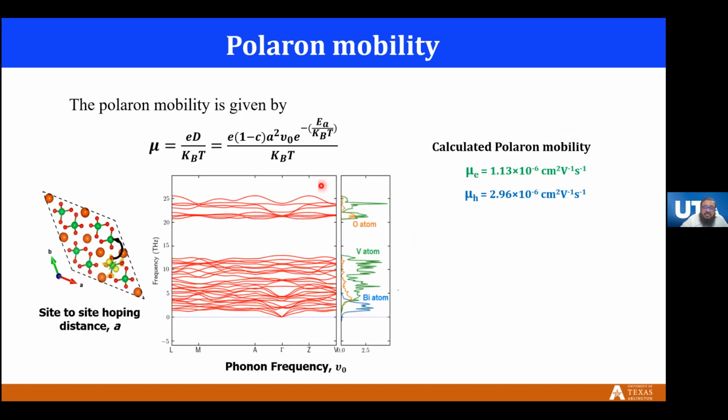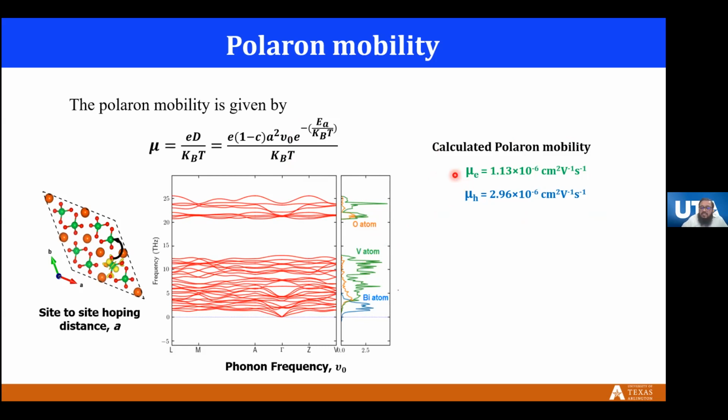We know that the hole polaron stabilizes at oxygen, so we get the oxygen characteristic frequency, and the electron stabilizes at vanadium, so we get the vanadium characteristic frequency, and we calculated the mobility. Electron mobility and hole mobility, as we can see, are consistent with the activation barrier results: hole mobility is higher than electron mobility.